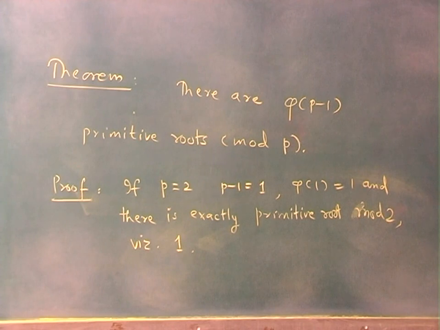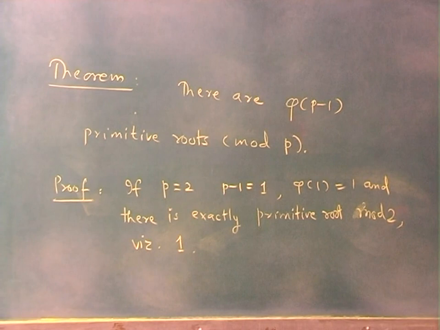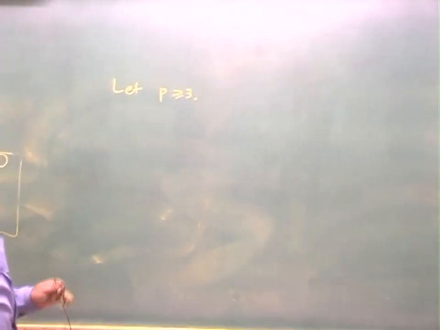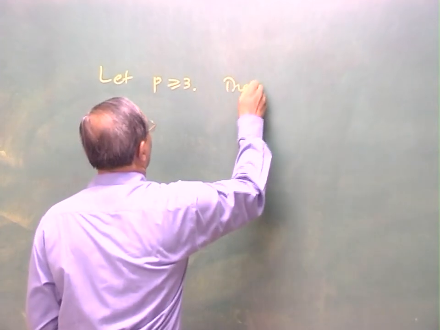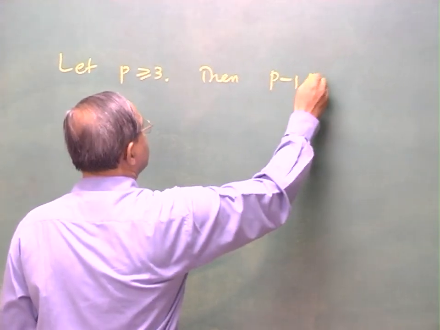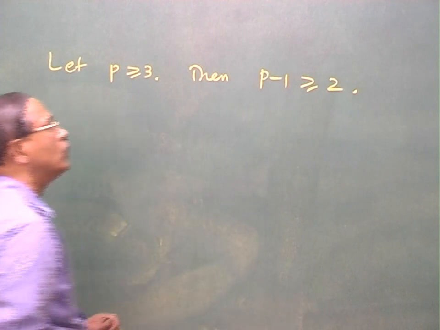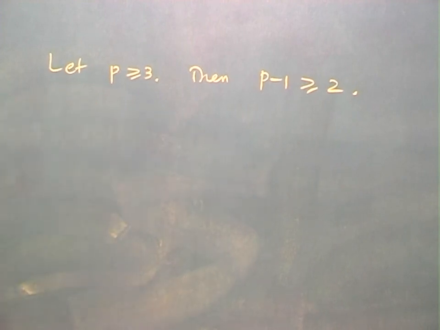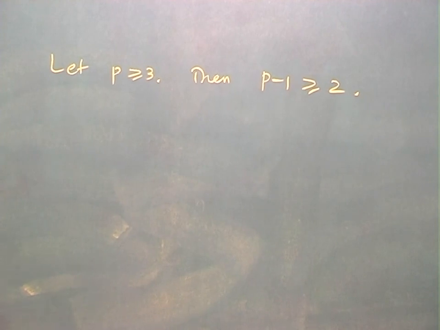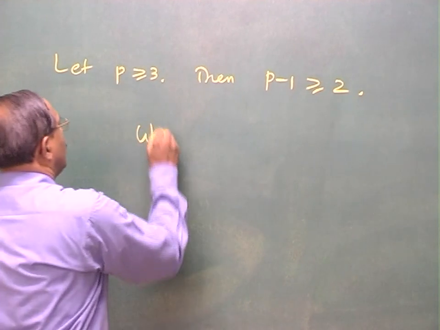If P is bigger than 2, that is P bigger or equal to 3, an odd prime, then P minus 1 is bigger or equal to 2, and you can factorize P minus 1 as a product of prime powers.